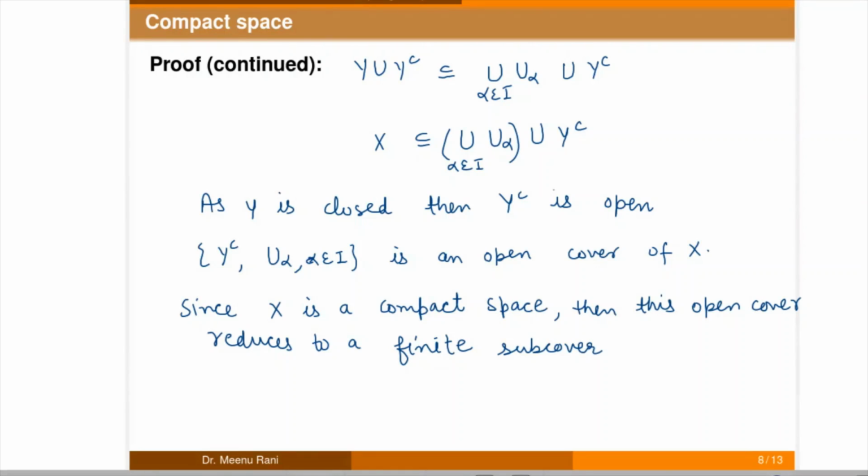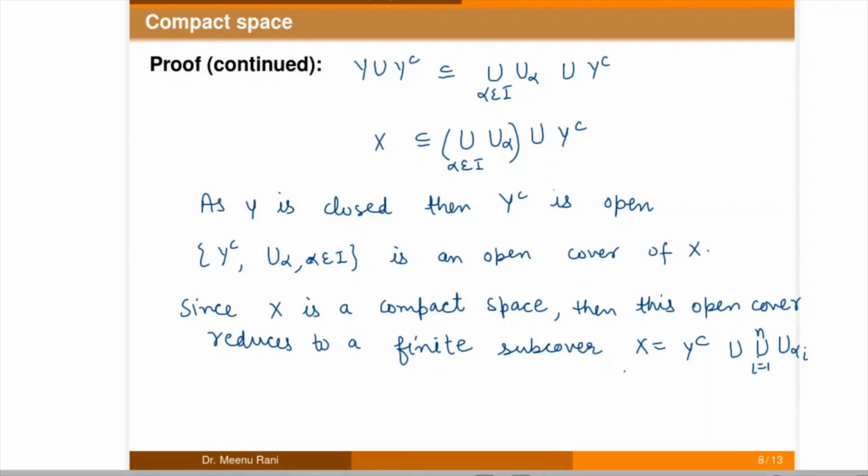So we can write X is equal to Y complement union a finite union of U alpha i's.